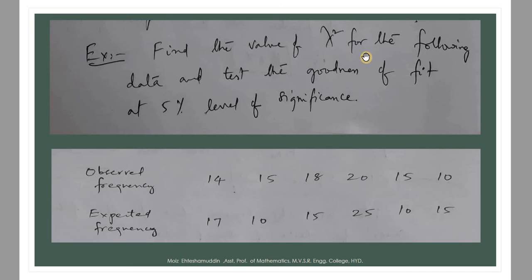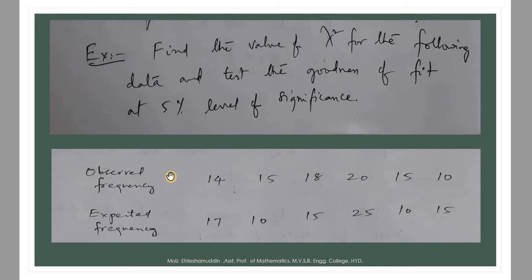Find the value of chi-square for the following data and test the goodness of fit at 5% level of significance. Here these observed frequencies are given, which are from the practical point of view. These observed values are obtained from a practical.